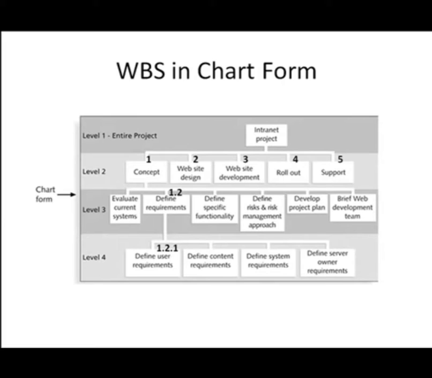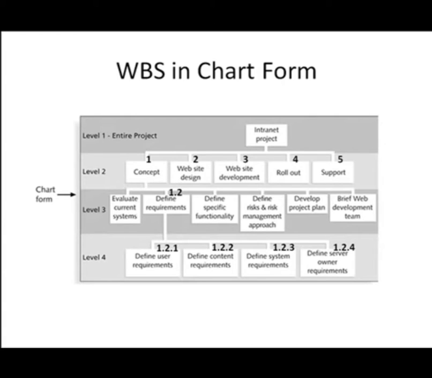And then the successive tasks in the defined requirements task numbered as 1.2 are 1.2.2, 1.2.3, and 1.2.4. So you can see as you drill down, you're finally going to get to the lowest level, level 4, and these are the actual work tasks that are within the work breakdown structure.